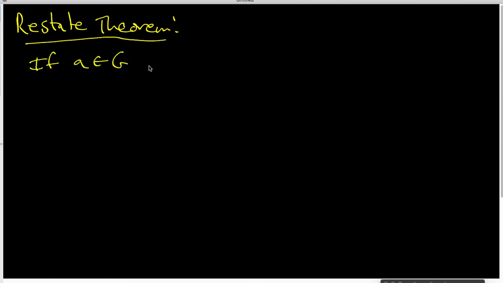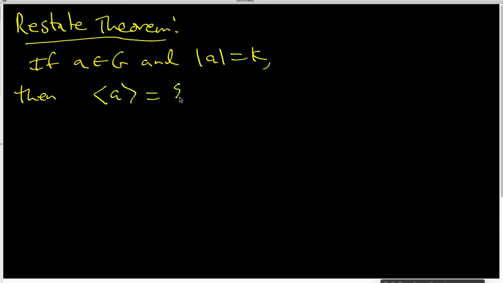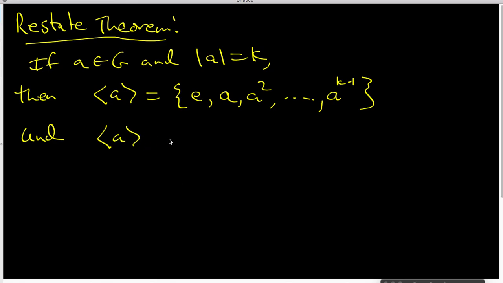If A is inside G and the order of A is equal to k, then the cyclic subgroup generated by A is going to be the set e, a, a squared, all the way up to a to the k minus 1, and the cyclic subgroup has exactly k elements in it. In other words, the order of an element tells us how many elements are in the cyclic subgroup generated by that element.